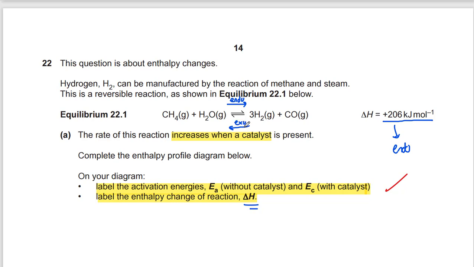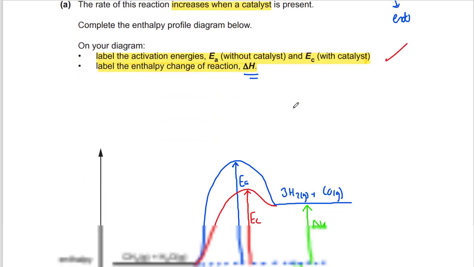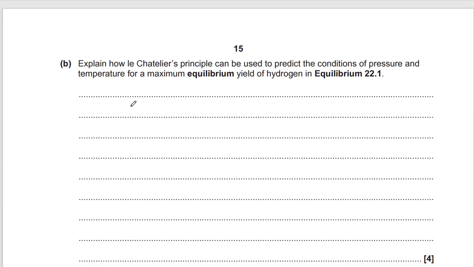Now, if we want to maximize the yield of product, we need to move equilibrium to the right-hand side. Therefore, in order to move to the endothermic side, we'll need to do the opposite of endothermic. So that means the temperature is going to have to go up. So the first part of the answer, we increase T, increase temperature. That gives you 1 mark, by the way. That's the first mark.